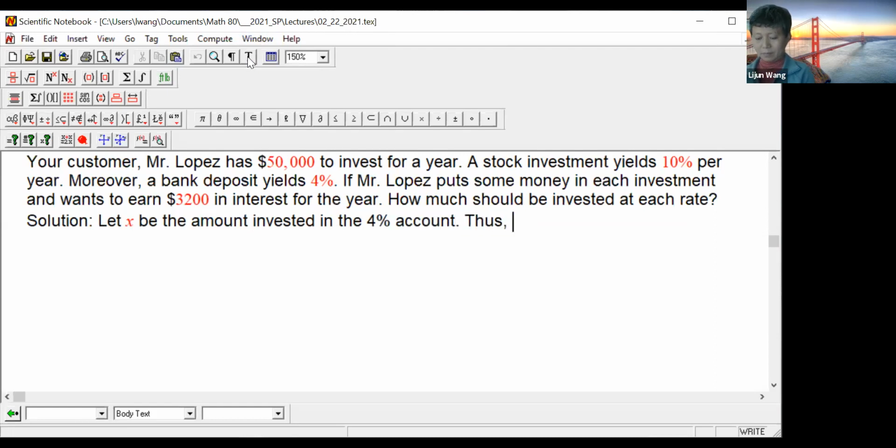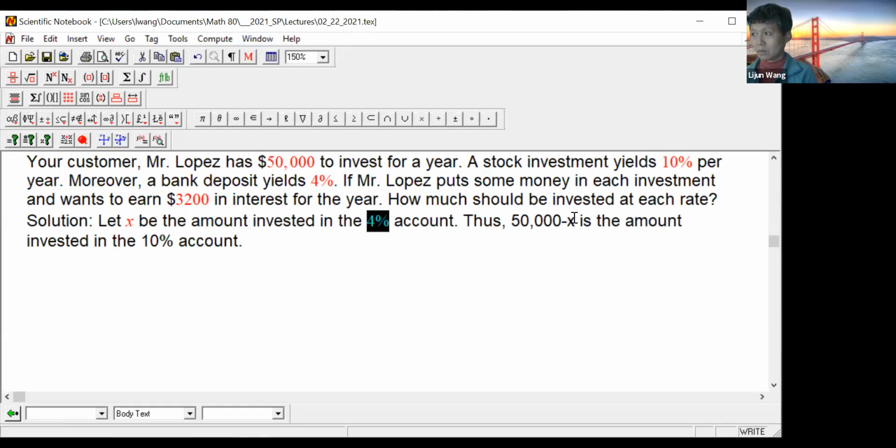Thus, 50,000 minus X is the amount invested in the 10% account. Do you follow me? I expect you to write it down.